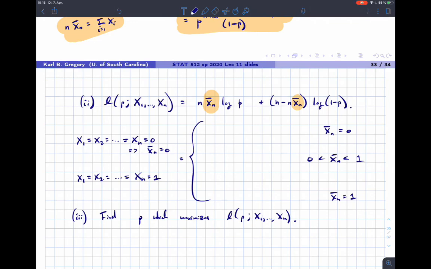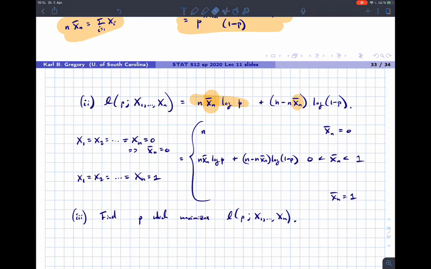Let's look at how the likelihood would change. For x bar between 0 and 1, I would have exactly what I wrote down. For x bar equals 0, this term would go away, and so I get n minus n x bar, except this is 0 now too.